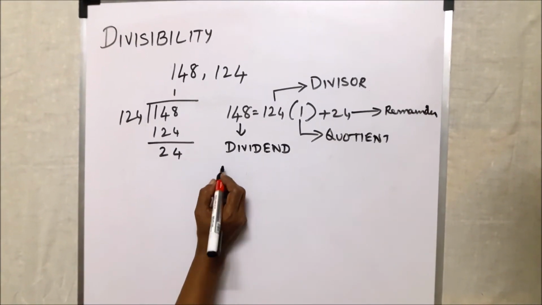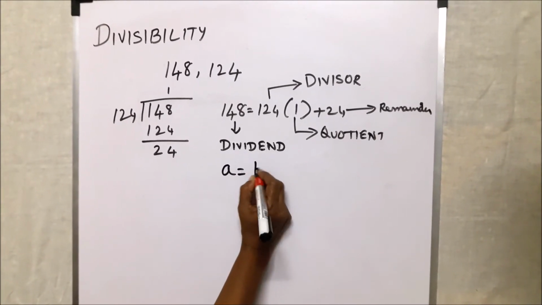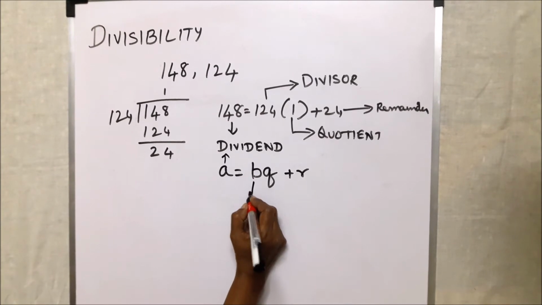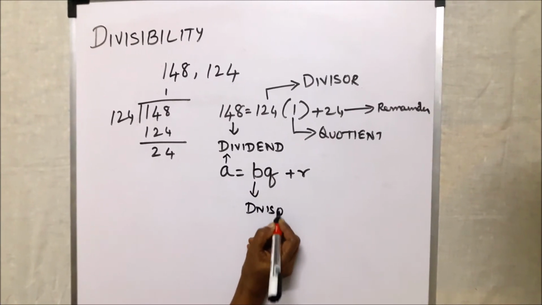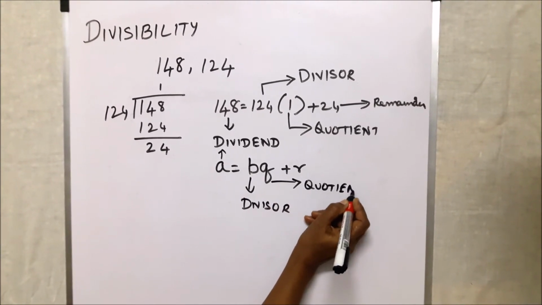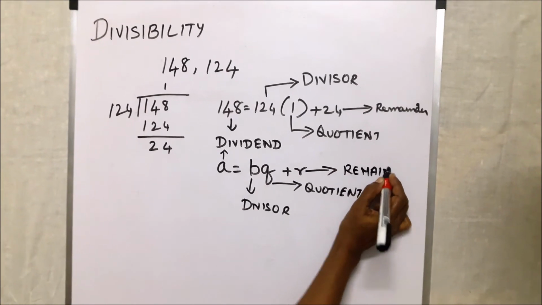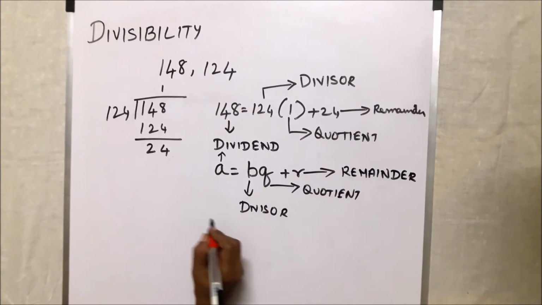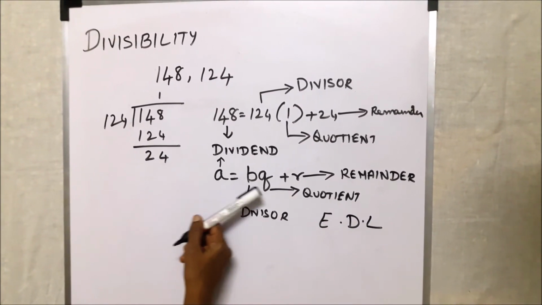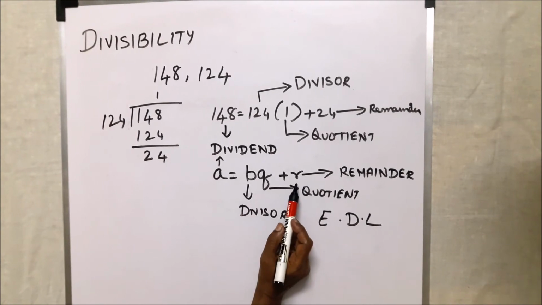So using this, we have Euclid's division lemma, which states that a is equal to bq plus r, where a is the dividend, b is the divisor, q is the quotient, and r is the remainder.